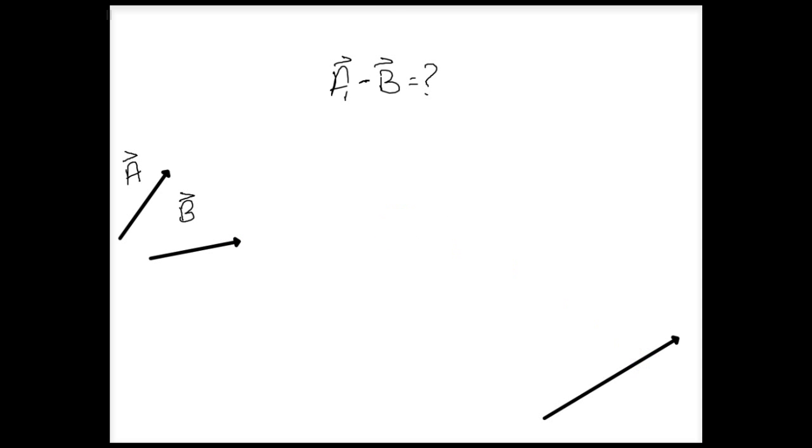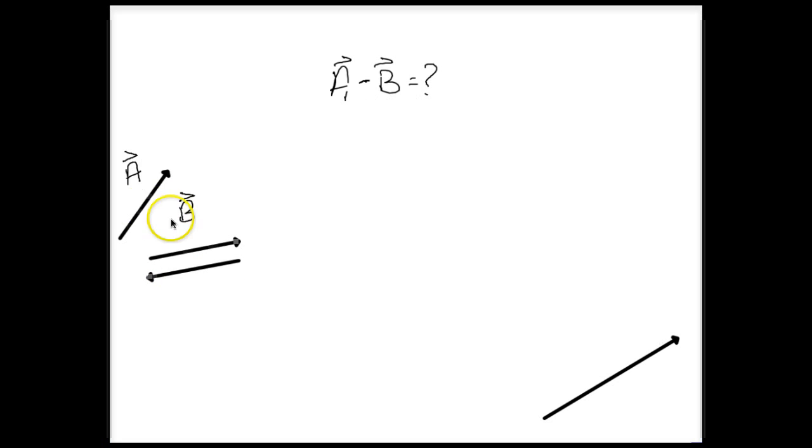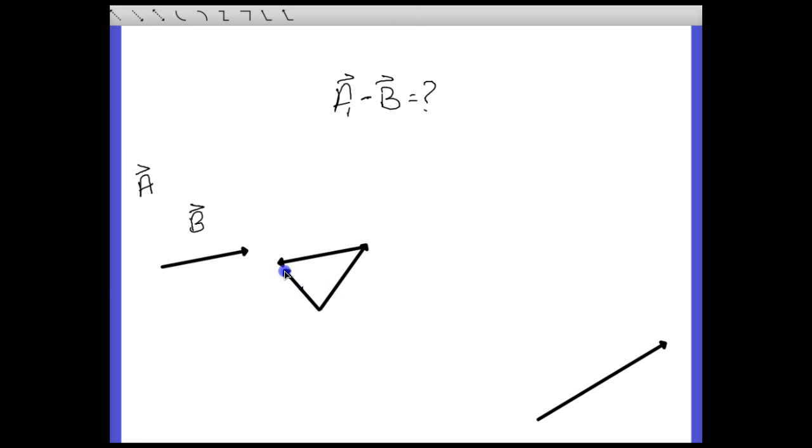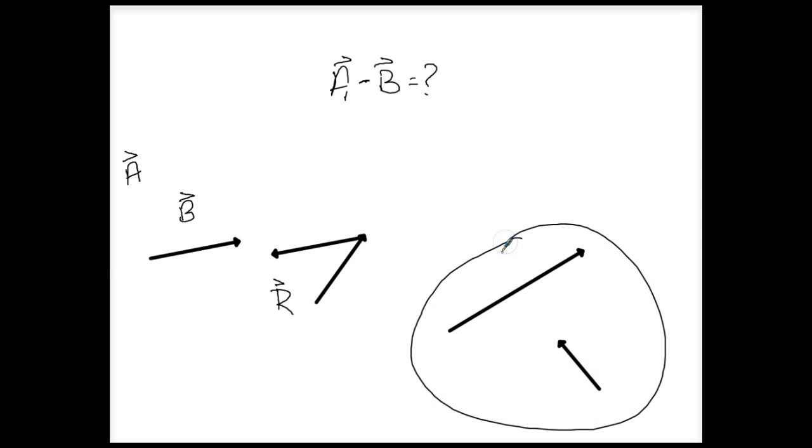So B is the same length, more or less, just going in the opposite direction. So for A minus B, we take our A, tip to tail with B, and now our resultant, when we add the two of them together, looks like that. And that is quite different. When you compare the two, just by adding them or subtracting them, you get quite a difference in what our results should be.